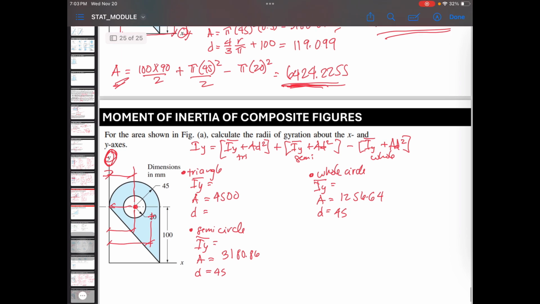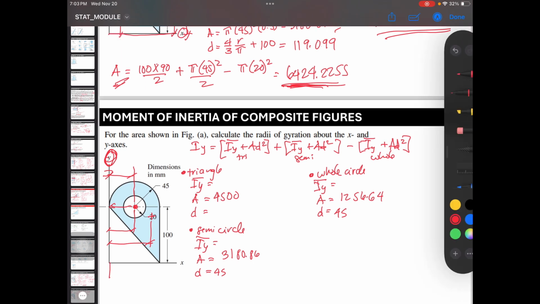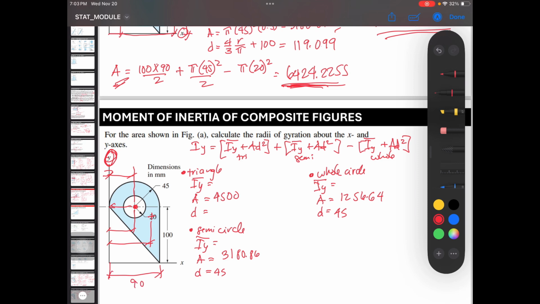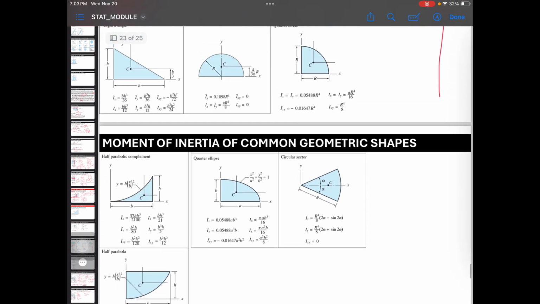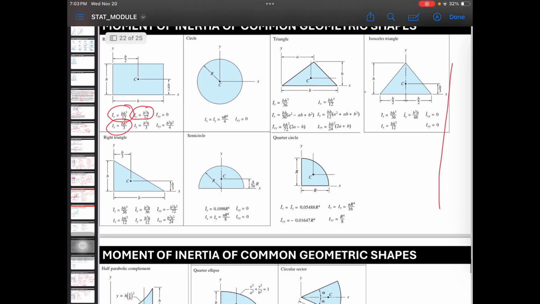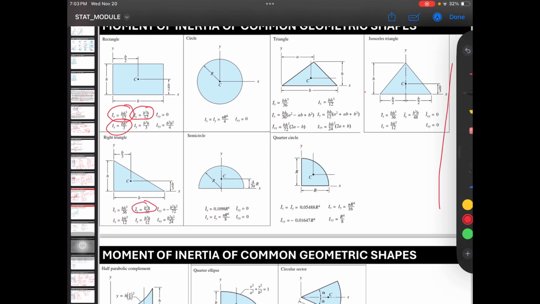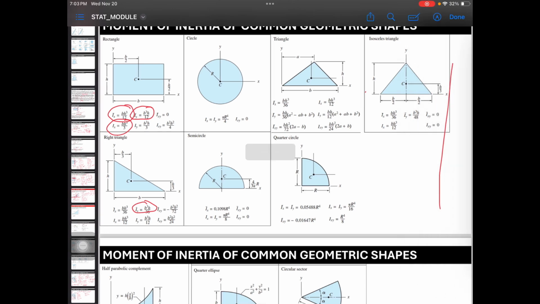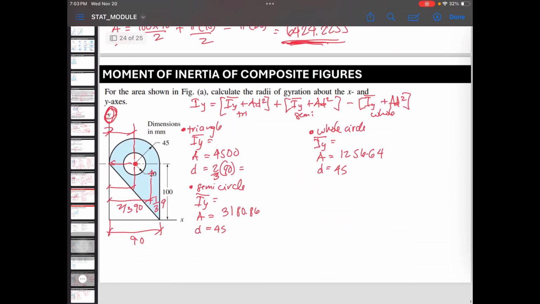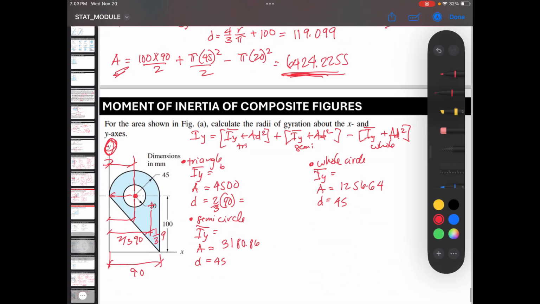Yung distance pala ni triangle, this is 90. This is 1/3 of 90. This is 2/3 of 90. Okay, so Iy bar ng triangle, b cube h over 36. Let's write that muna. b cube h over 36.